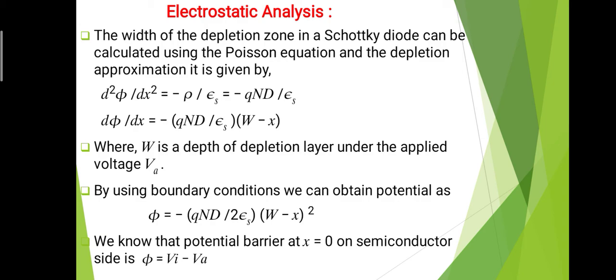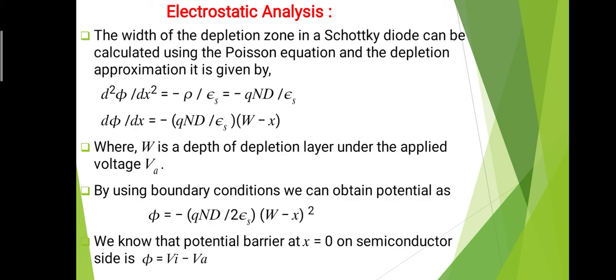So we can write d2 phi by dx squared equals minus rho by epsilon s. The charge density is given by q N_D, that is the charge multiplied by the number of donors, which gives the total charge density. So we can write rho as minus q N_D divided by epsilon s.